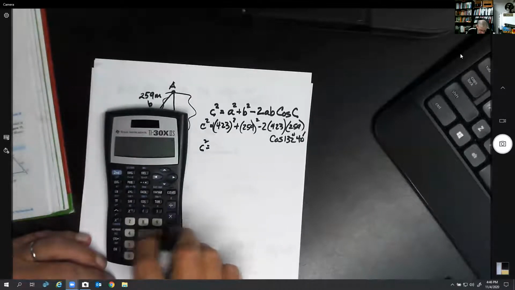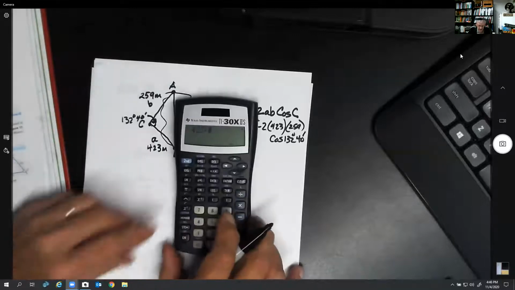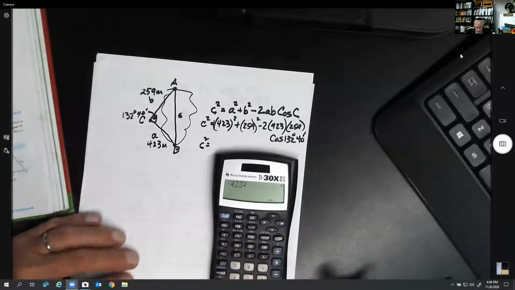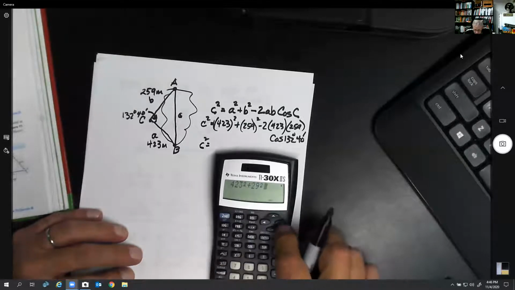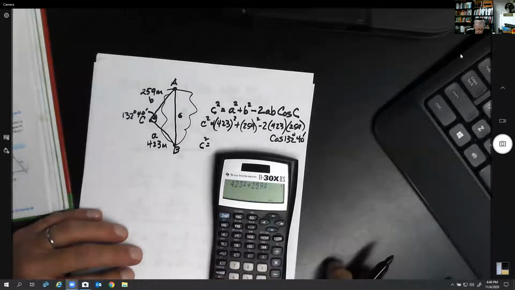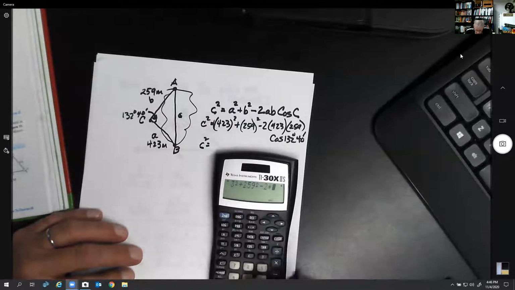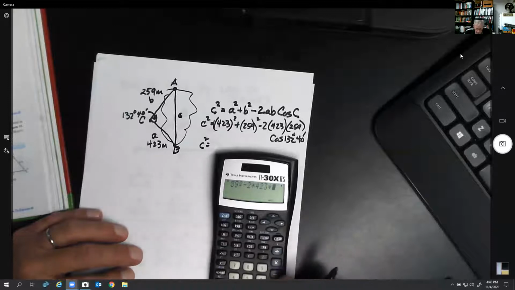So this is 423 squared. I just hit the squared key. Plus 259 squared, minus 2 times a, 423, times b, 259.